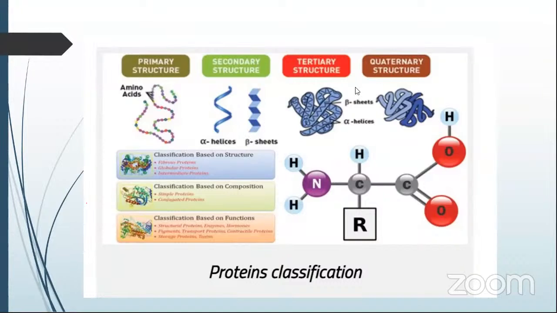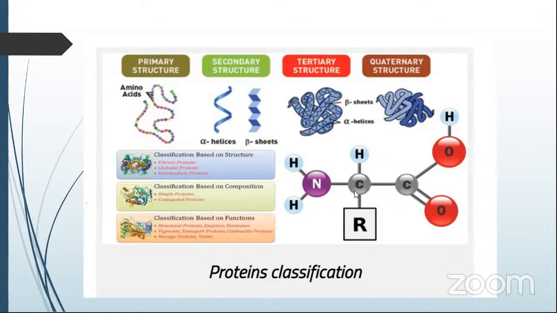In the tertiary structure, the beta sheets and alpha helices integrate and form the 3D structure of that particular protein, based on X-ray crystallography and NMR spectrometry data.